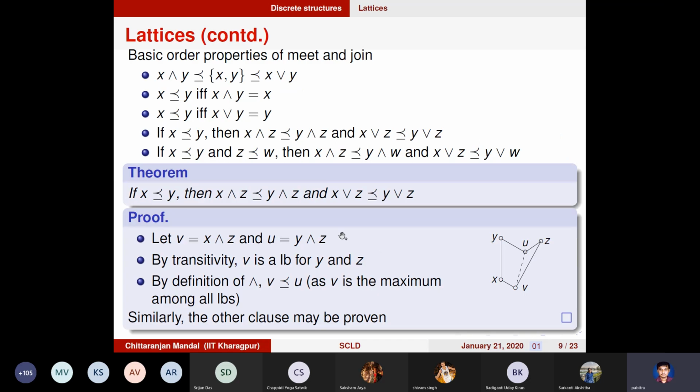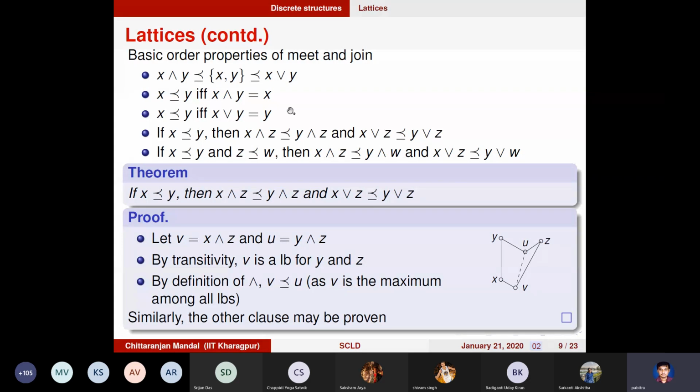At least you don't forget the definition. Okay, so the meet is less than or equal to both the elements themselves, and is less than or equal to the join. The meet is less than or equal to x, less than or equal to the join. And if x is less than or equal to y, if x and y are comparable, then the meet is the lower element. Again, if x and y are comparable, the join is the upper element.